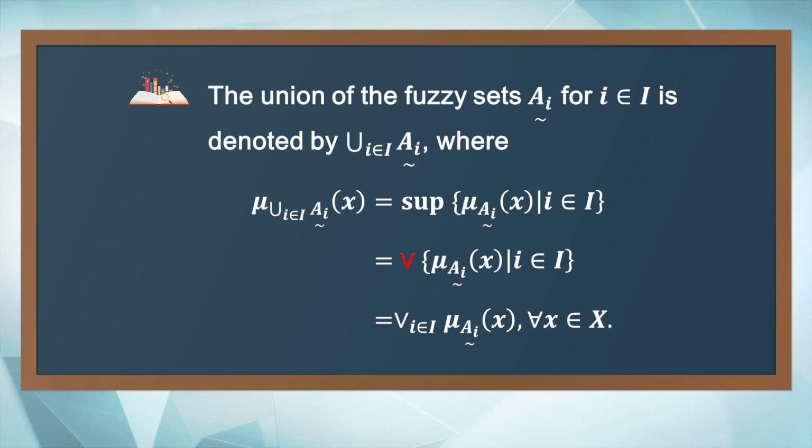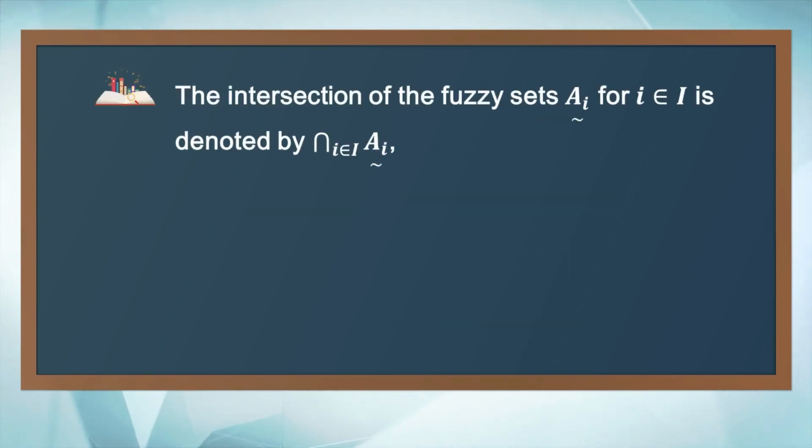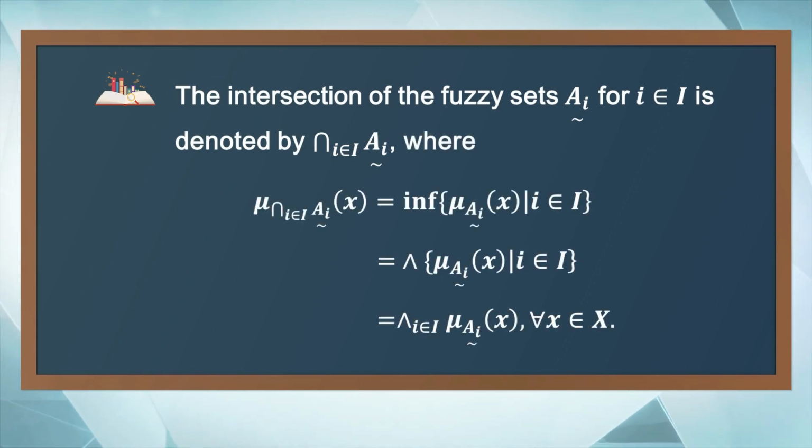And we still use this symbol, join, to denote the operation of taking the maximum or supremum of these numbers. The intersection of A_i is denoted by this notation, where the degree of membership of element x in the intersection is the minimum or infimum of mu sub A_i of x. And we still use this symbol, meet, to denote the operation of taking the minimum or infimum of these numbers.